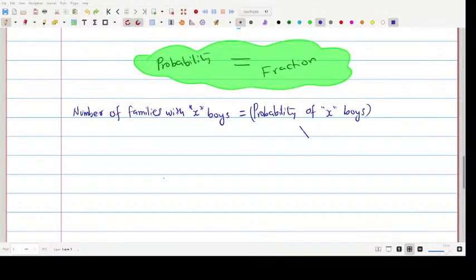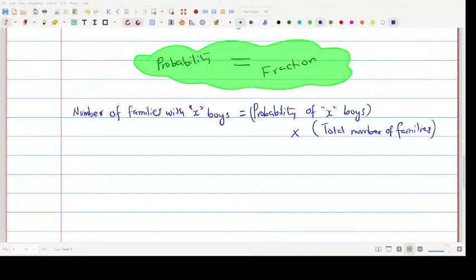So the number of families with X boys is the probability of X boys, which is a fraction, multiplied by the total number of families. Okay, now try to understand this. How can we write this definition?